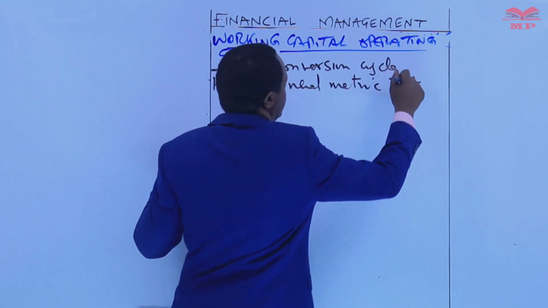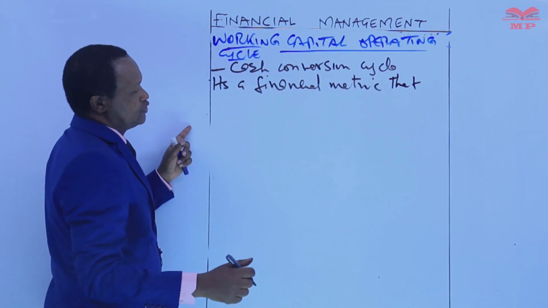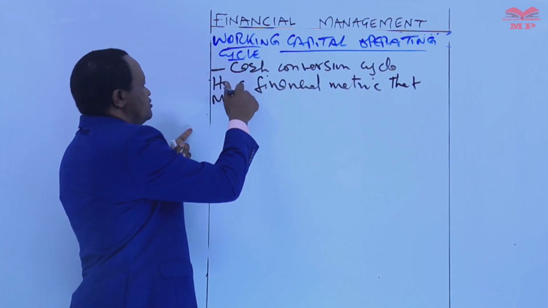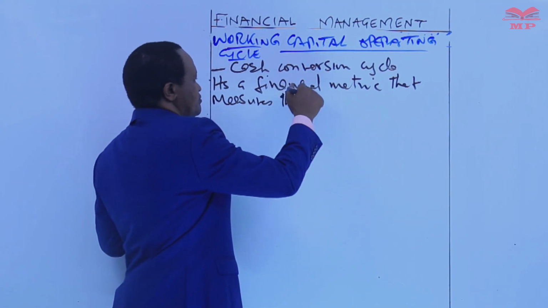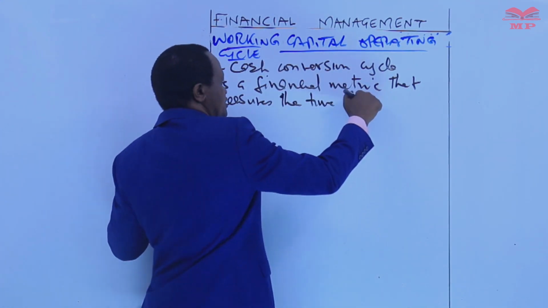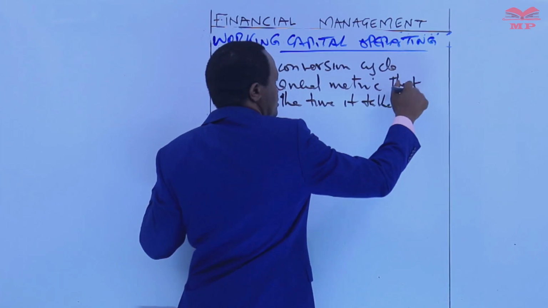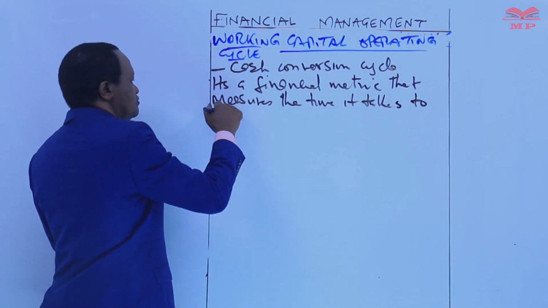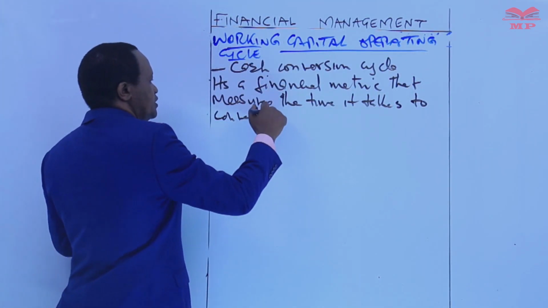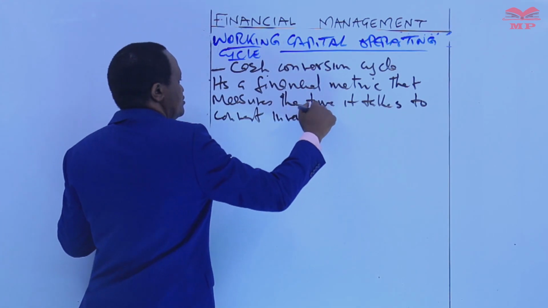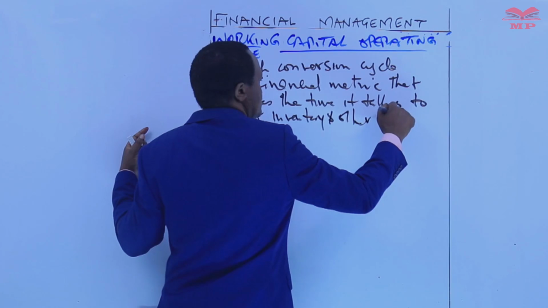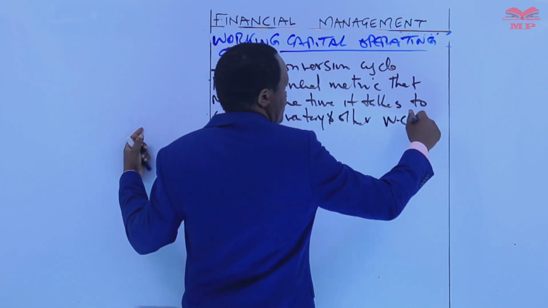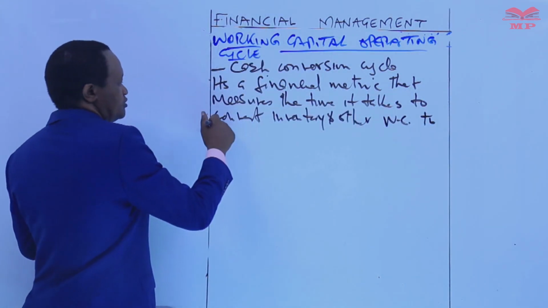It is a financial metric that measures the time it takes to convert inventory and other working capital to cash.